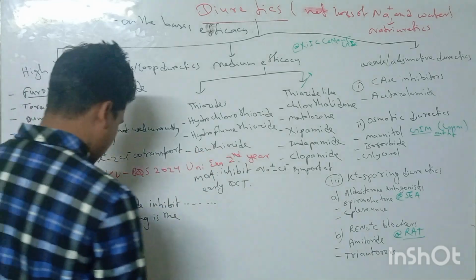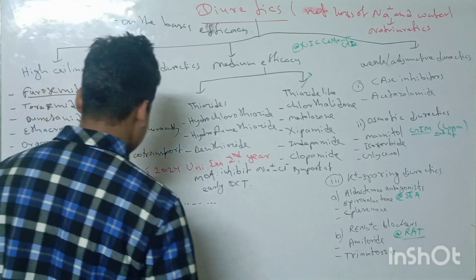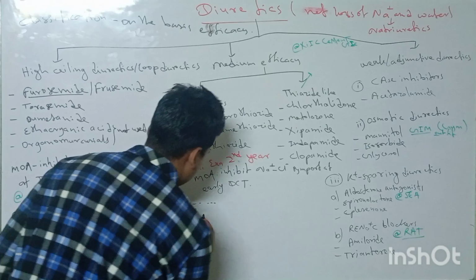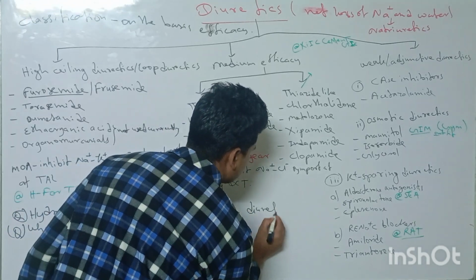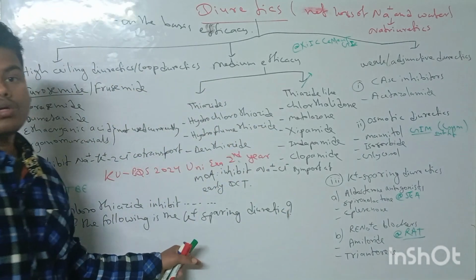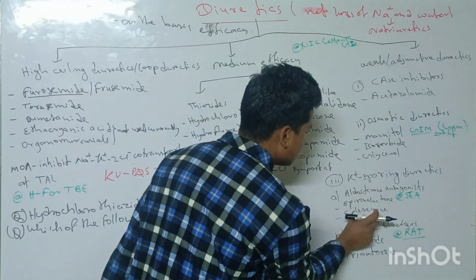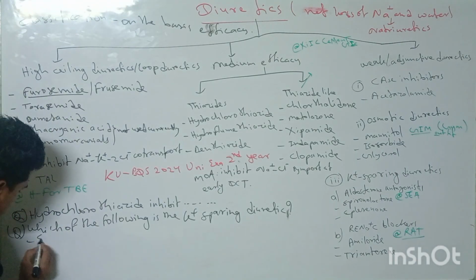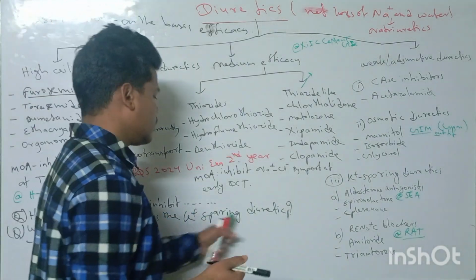These questions are frequently asked in first year also. Which of the following is the potassium sparing diuretic? There were 4 options. Among them, the correct option was eplerenone.